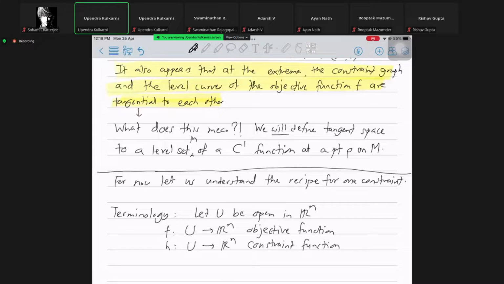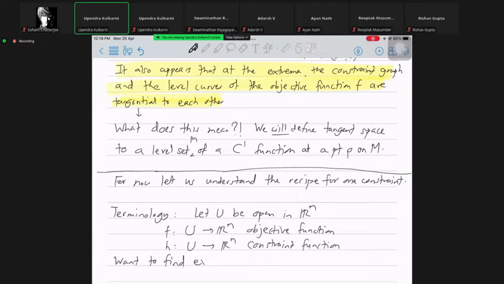I haven't really asserted anything about h, so it has not become a constraint yet. So up there, f was x squared minus y squared, or y squared minus x squared, and h is the function x squared plus y squared. So let me just finish for a moment, and then we'll come back to the question.